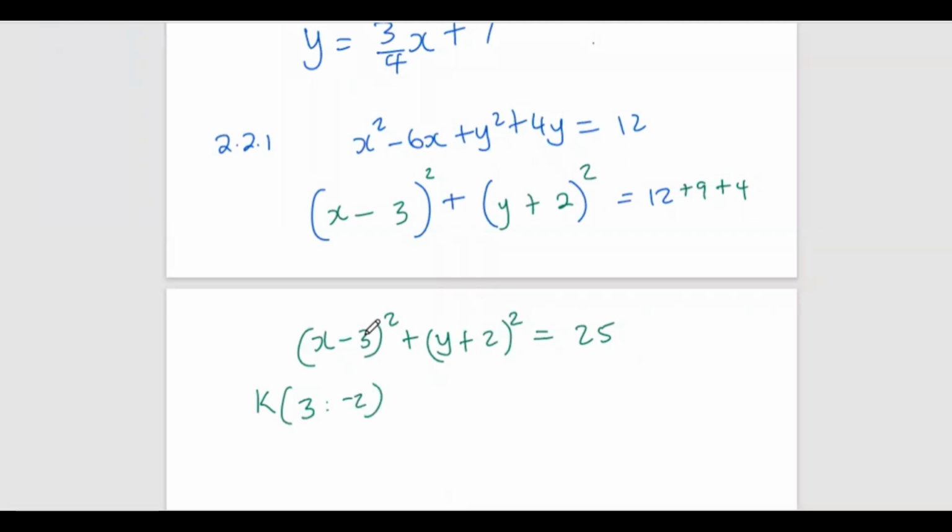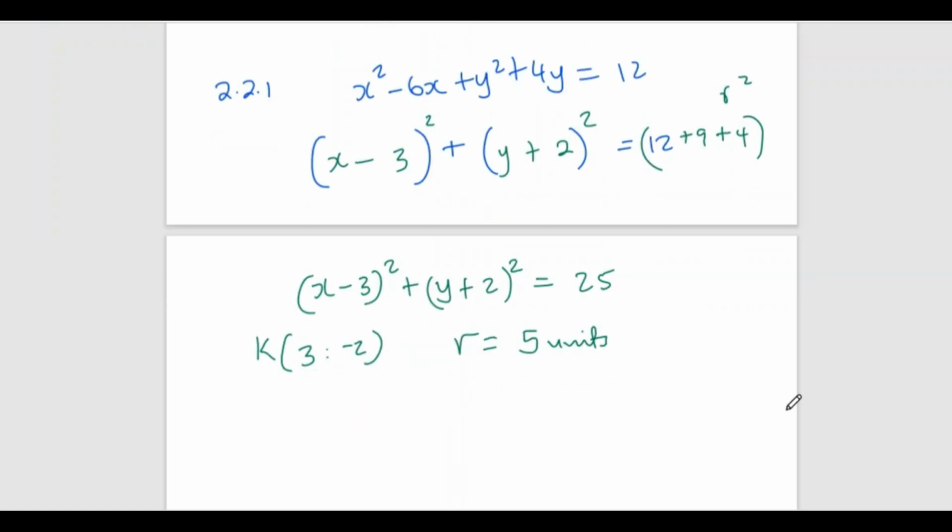I need to switch the signs inside the brackets. And then my radius will be the square root of this 25, which is 5 units. Okay guys, because this whole thing represents r squared. So the square root will be 5 units. So 2.2.1 has been answered.